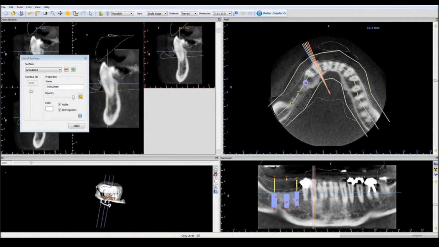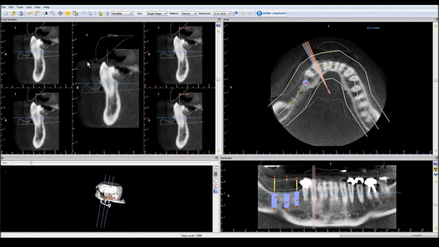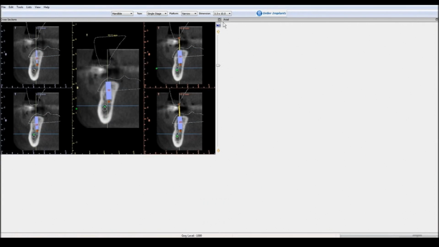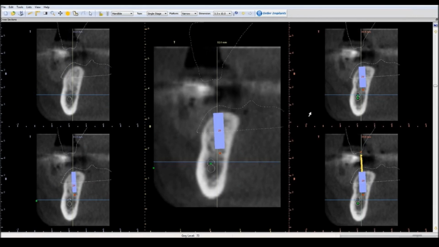Okay, so now we go to the cross-sectional views. So what you have here is a left side buccal view, and you have an outline of the opposing tooth. So now, when I set up my bicuspid angulation, let me bring in the center line.